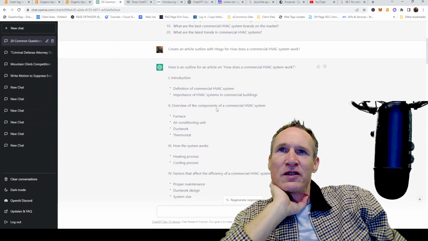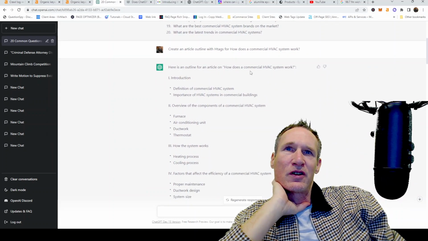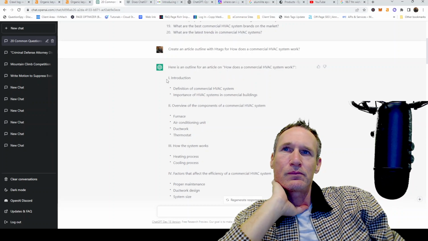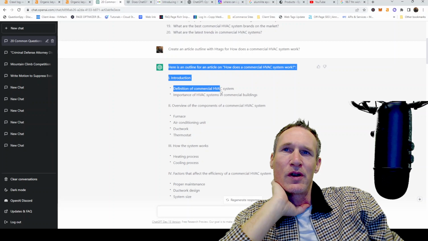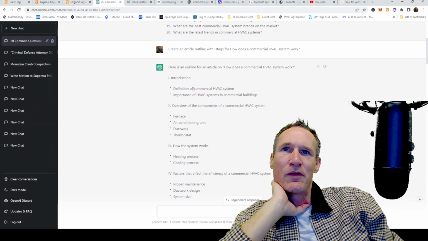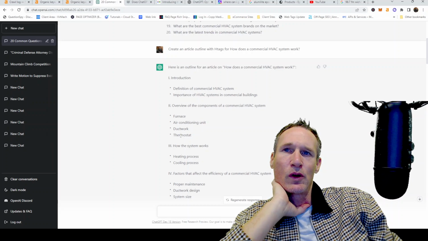It says here's an outline for the article, how does a commercial HVAC system work? It starts out with an introduction, which includes the definition of a commercial HVAC system and the importance of HVAC systems in commercial buildings. Two, an overview of the components of a commercial HVAC system, which include the furnace, air conditioning unit, ductwork, and thermostat. Third, how does the system work?